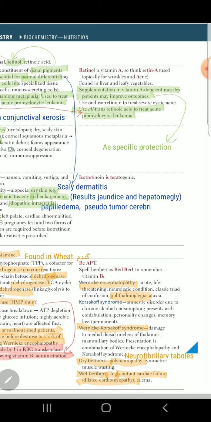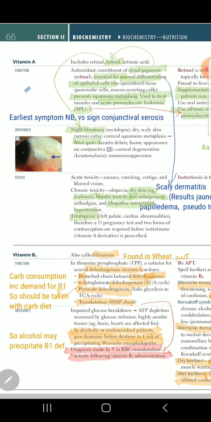And wet beriberi is related to cardiac issues. High cardiac output failure and dilated cardiomyopathy will be there. And we know why, because the second important organ for carbs is the heart. So dry beriberi is brain and neuron related, wet beriberi is heart related, and Wernicke and Korsakoff separately.